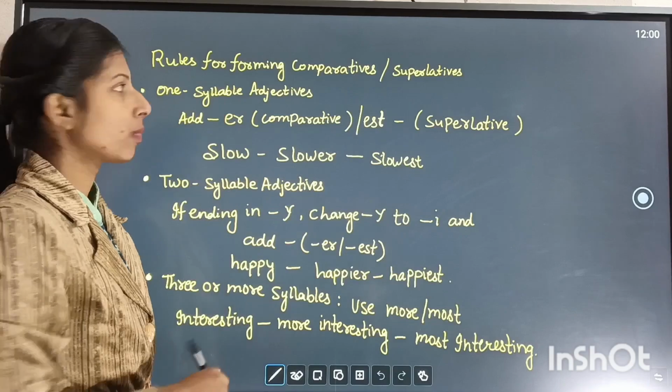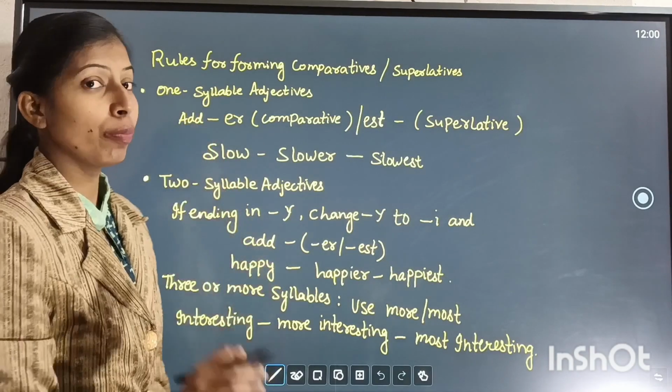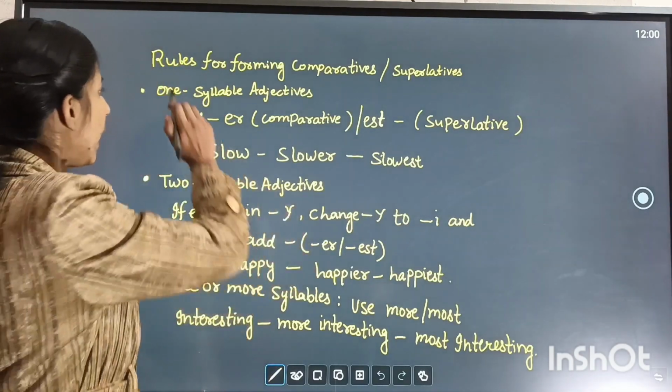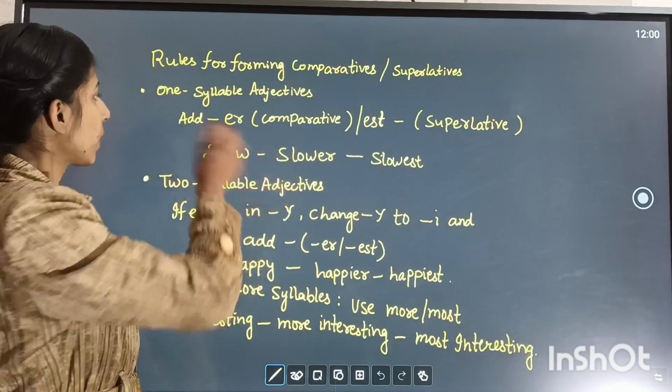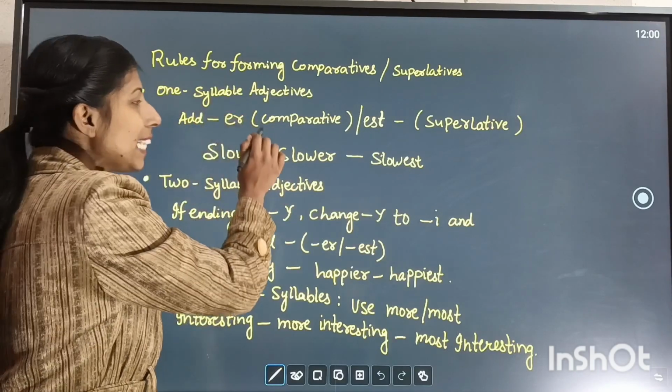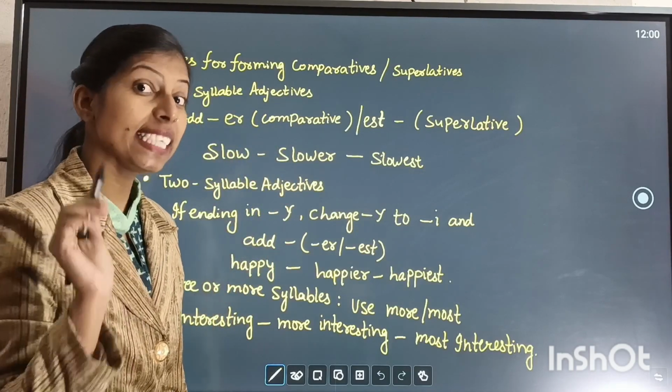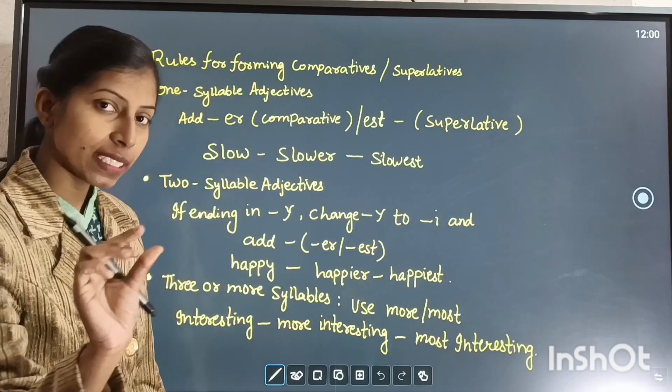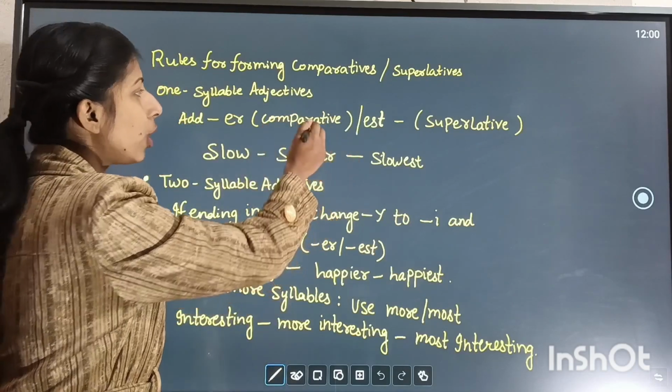Okay, next, rules for forming comparatives and superlatives. One-syllable adjectives: when we add er to the basic form, that makes the comparative.